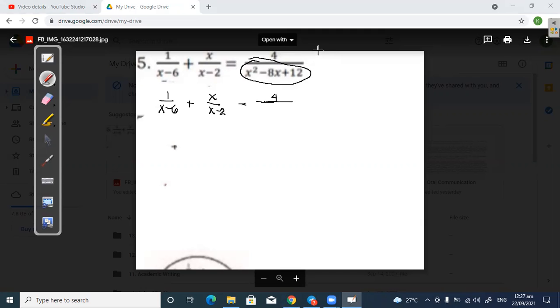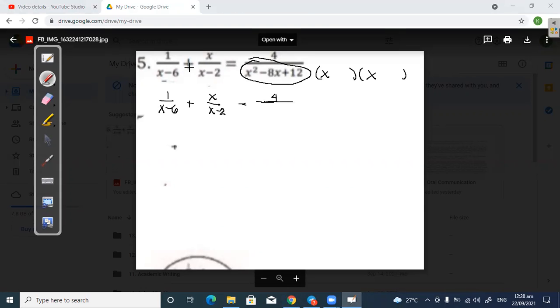Okay, kapag finactor natin yan, that is, if you still remember factoring. So, isip ka ng two numbers na kapag pinag-multiply mo will give you 12, positive 12 to be exact. Pag pinag-add mo naman, you will get negative 8. And what are those numbers?